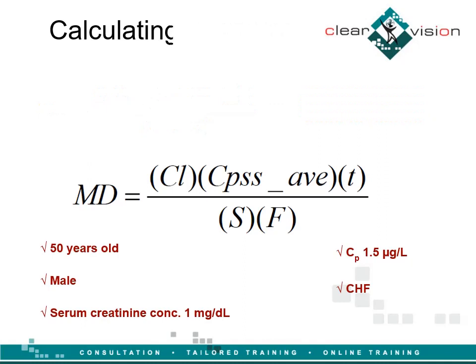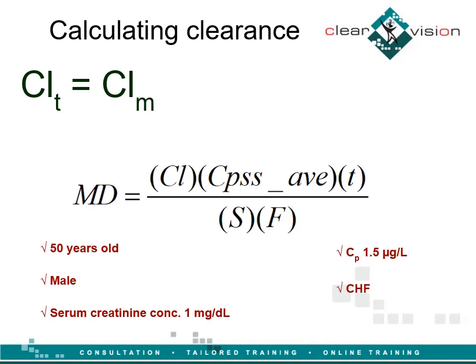To calculate digoxin clearance, we will recall our equation where total clearance of digoxin equals metabolic clearance plus creatinine clearance multiplied by 0.9.